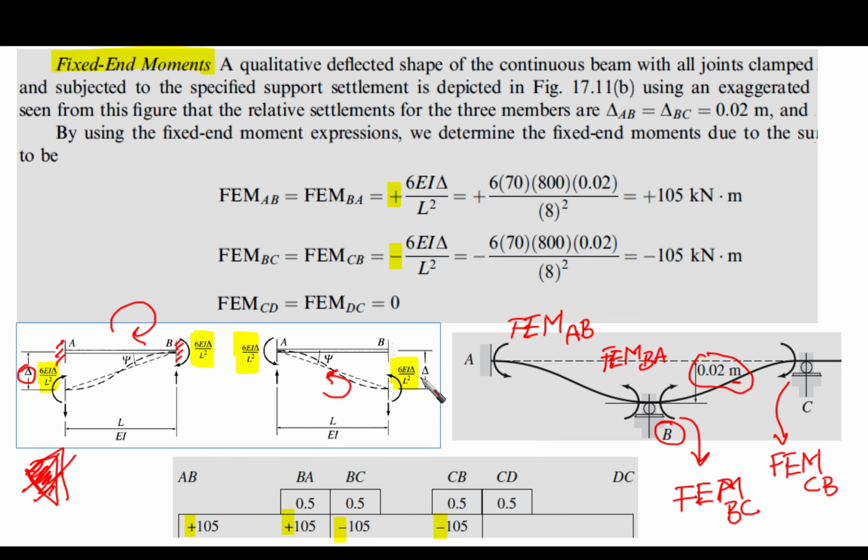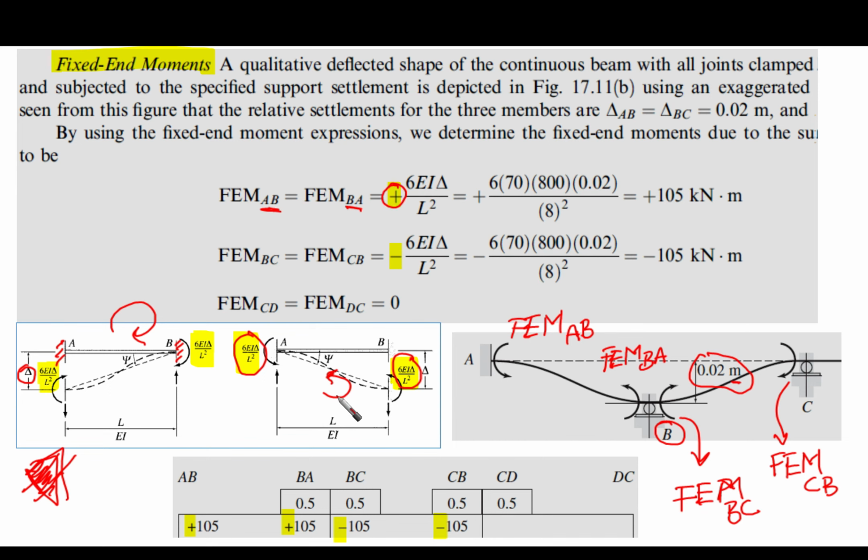So the value of this moment, fixed in moment BA and fixed in moment AB, are going to have the same magnitude and the same sign. So we can put it like this: fixed in moment AB equal to fixed in moment BA, and they are going to be equal and positive.